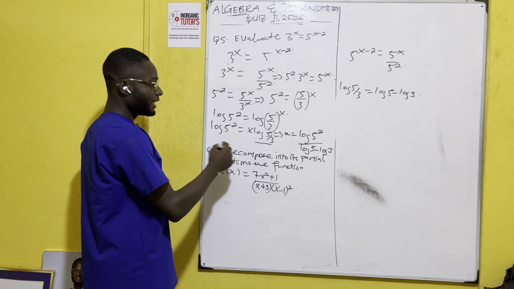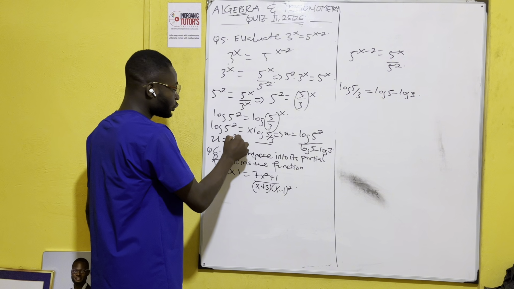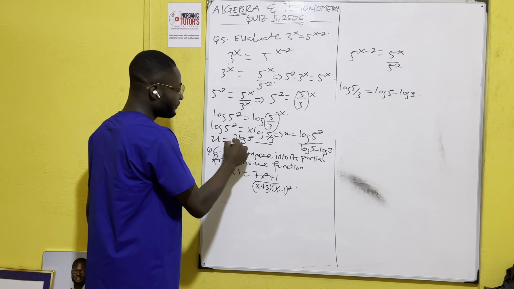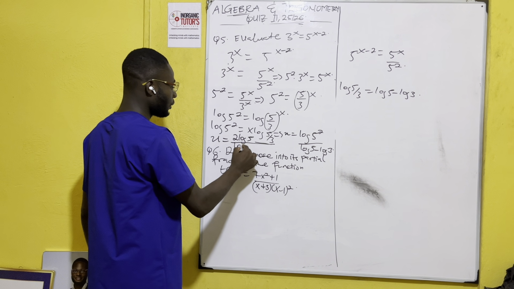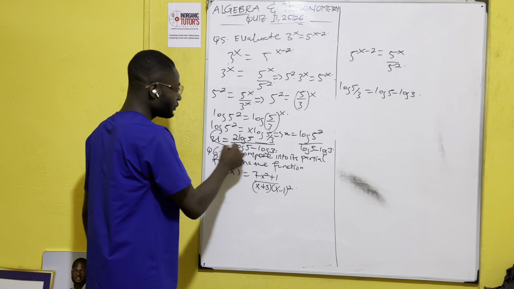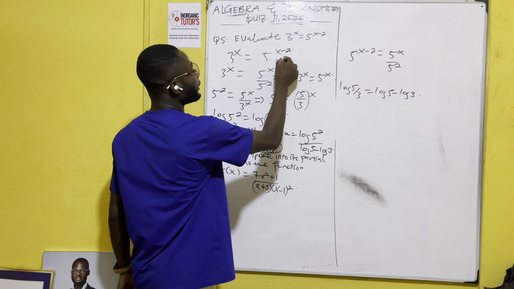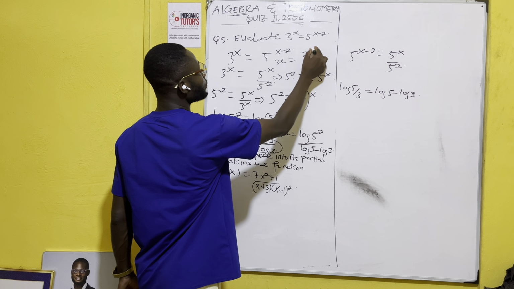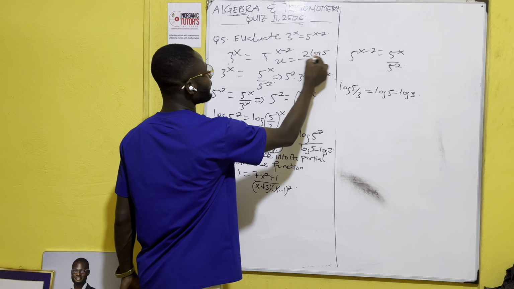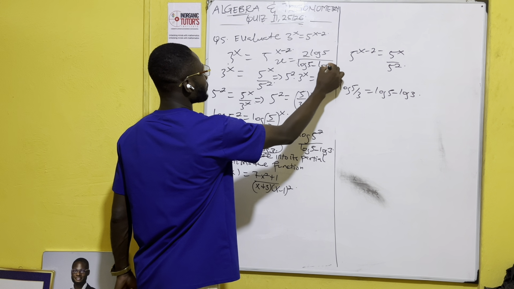So the final answer is x equals 2 log 5 divided by log 5 minus log 3 for this particular problem. So x is equal to 2 log 5 divided by log 5 minus log 3.